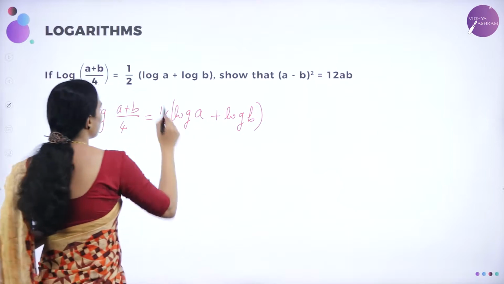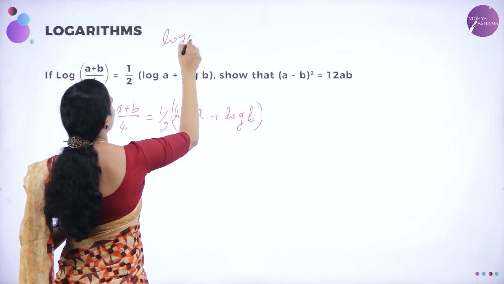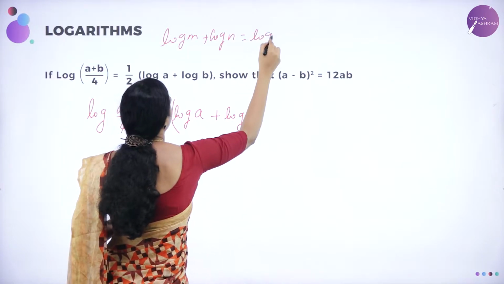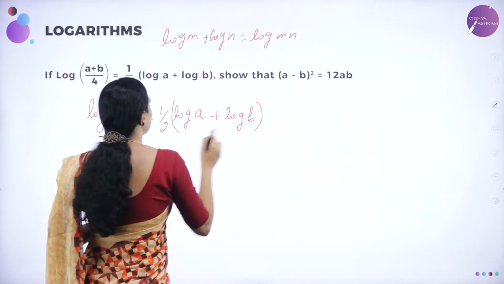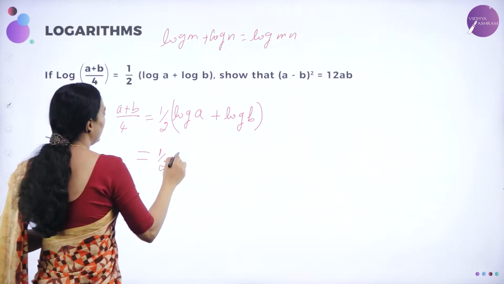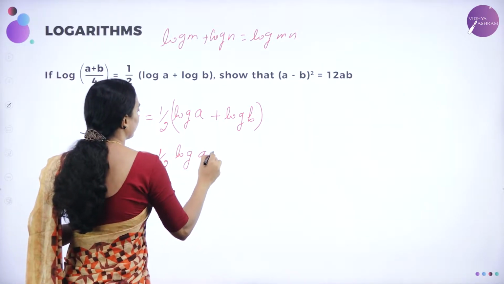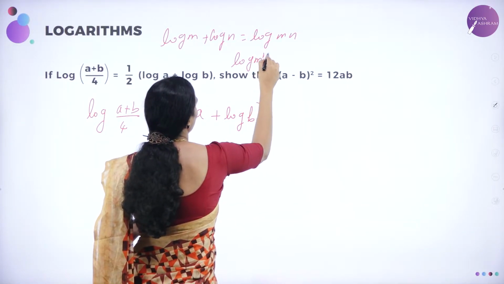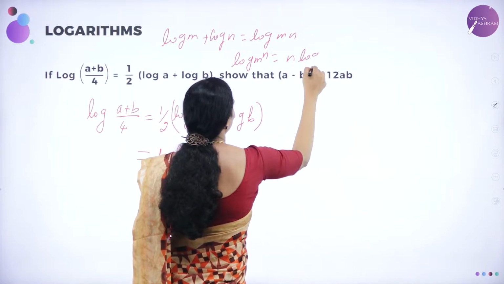You know, dear students, according to log m plus log n, you can write it as log mn. According to that, shall I write this one as 1 by 2 into log ab. You know already log m power n can be written as n log m.